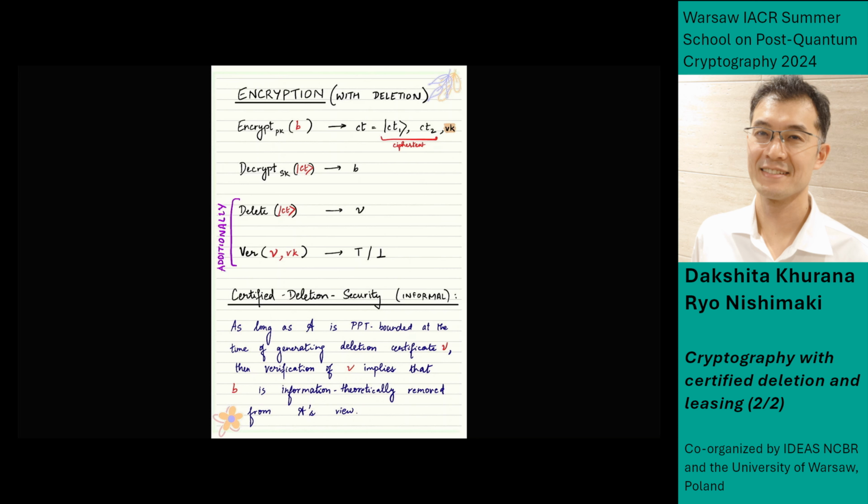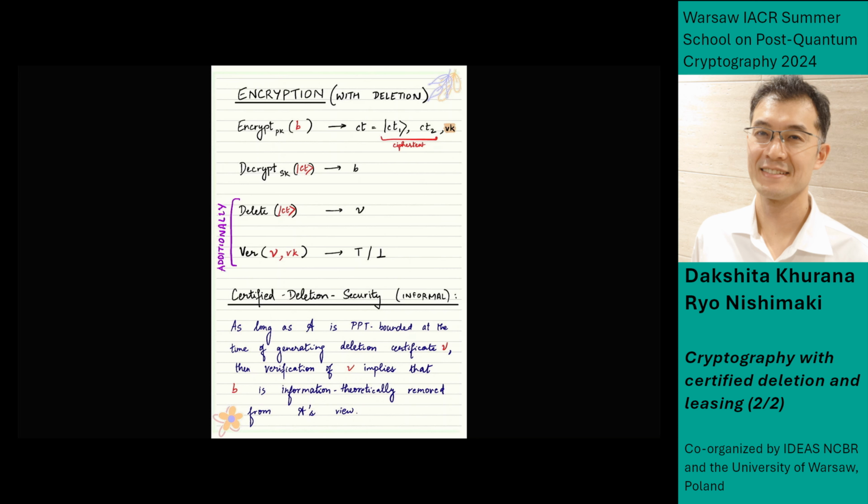It's obviously nice to remove B information theoretically, if we can achieve it. But it's enough to remove it computationally, right? Oh, sorry, what do you mean? What you said here is that verification of D implies that B is information theoretically removed.